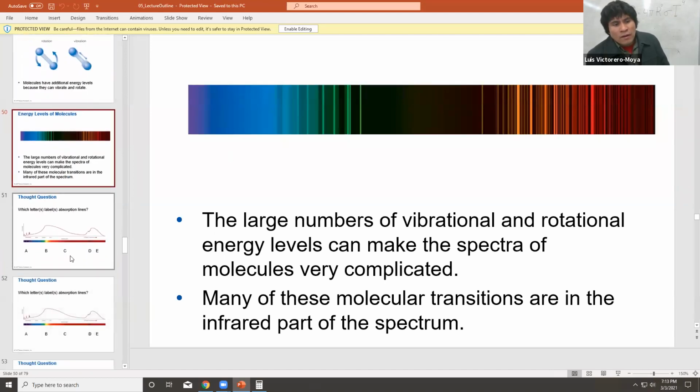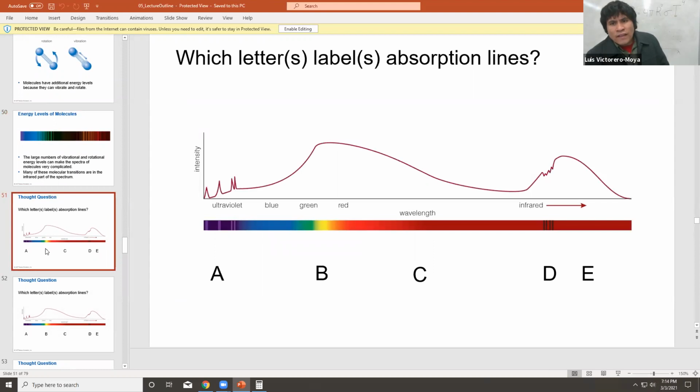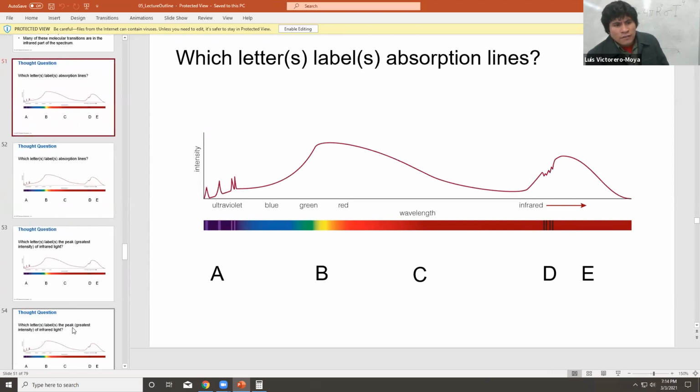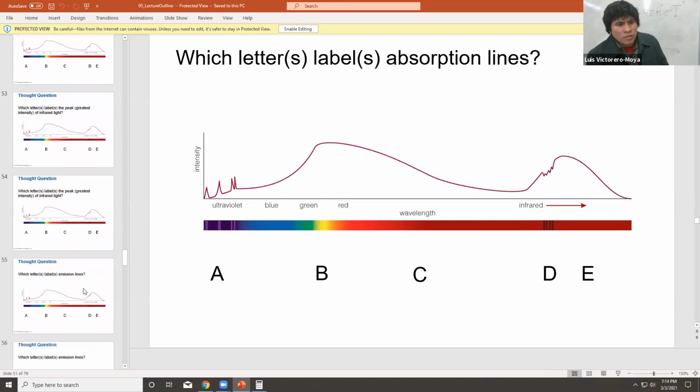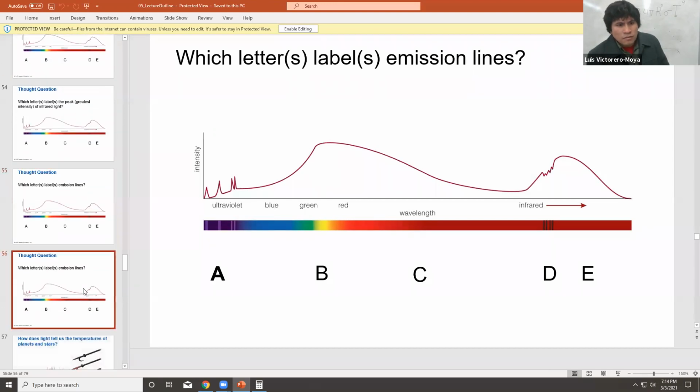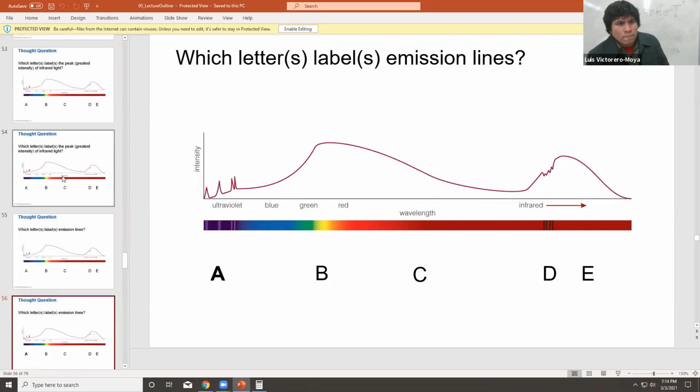So remember, guys, when they ask you about absorption lines, you are looking at here. And when you're looking at emission lines, like they ask you, here, emission lines. You may not see them very clearly, but here.